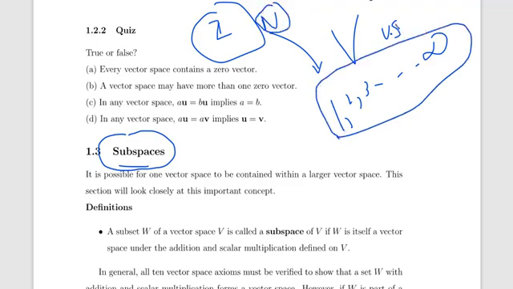Let's suppose this is a vector space, all the natural numbers. Let's start with x equal to all odd numbers. What is an odd number?